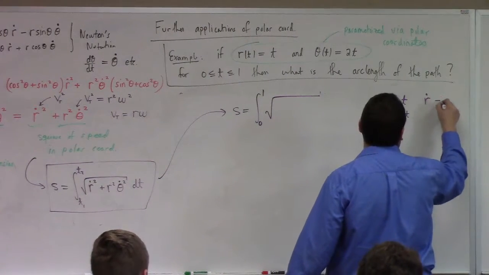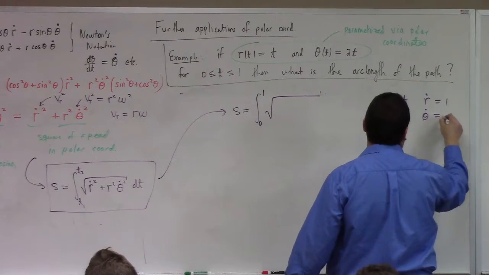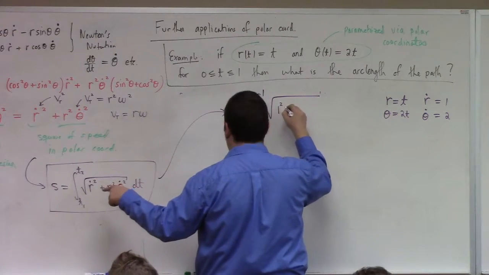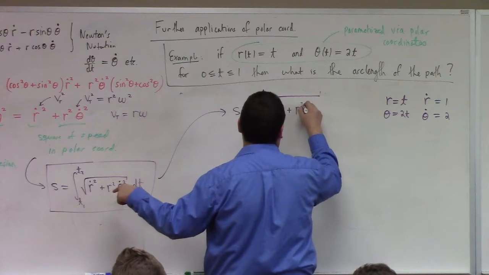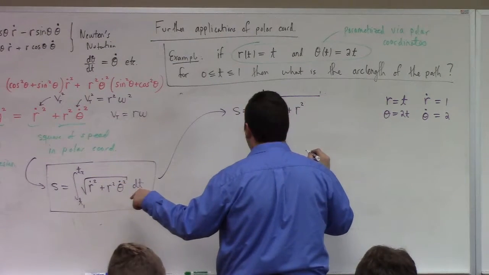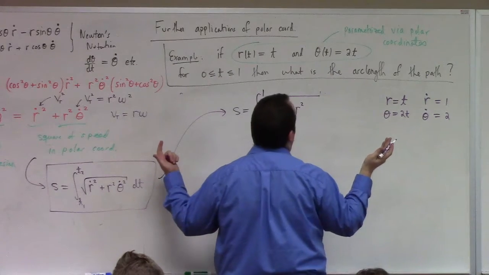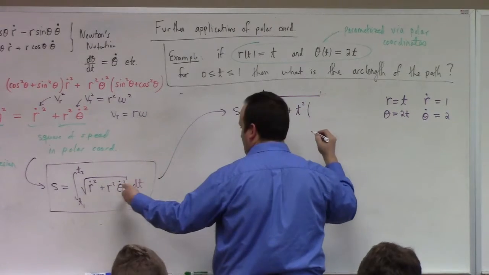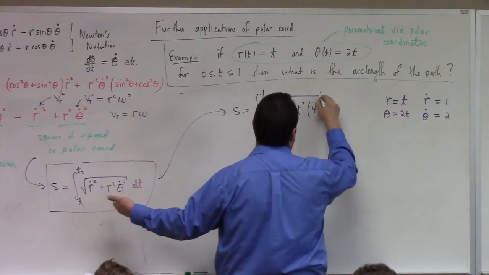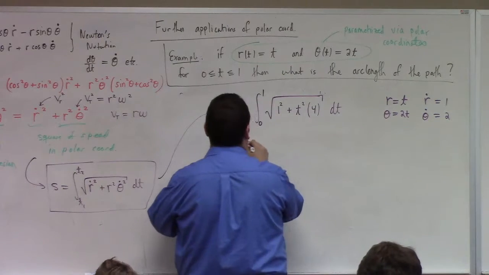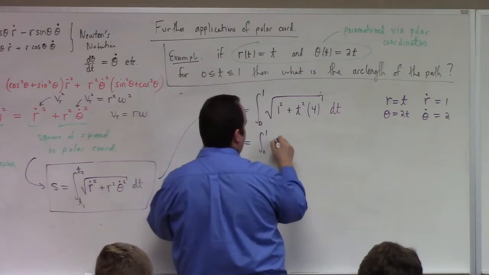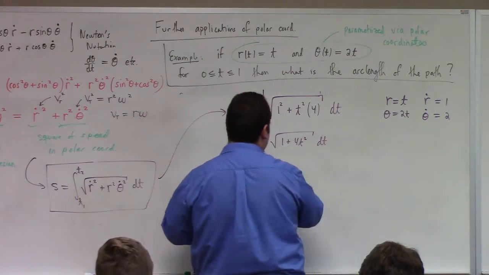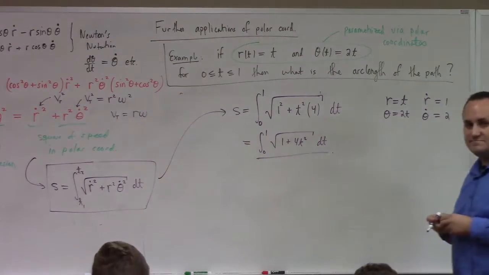So that makes r dot equals 1 and theta dot equals 2. So we get 1 squared plus r squared. But what is r? t, so t squared. Theta dot squared is 4 dt. Okay, so, there's a certain badness in this problem that cannot be avoided. But there it is.